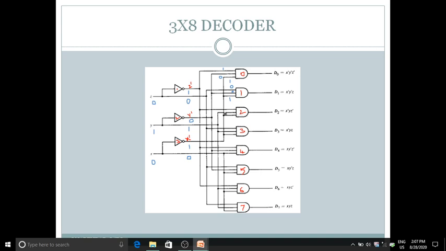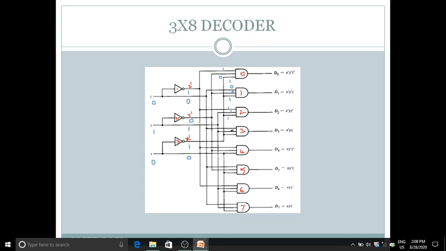For the second AND gate, one of the inputs is z bar, which is equal to 1, the second input is y, which is also equal to 1, and the third input is x bar, which is also equal to 1.